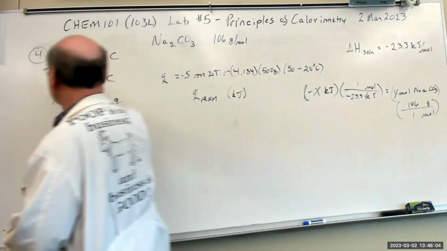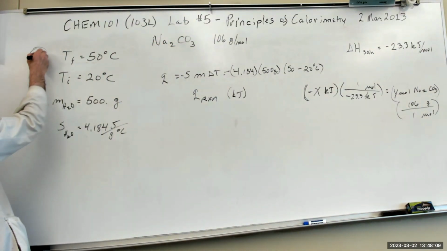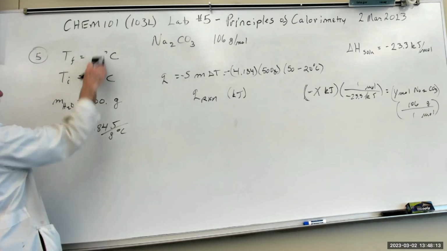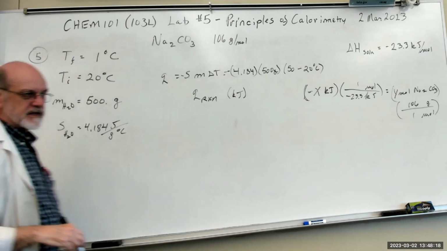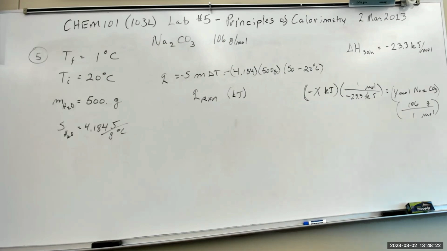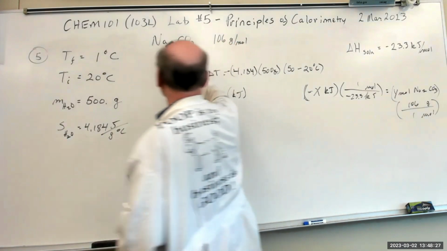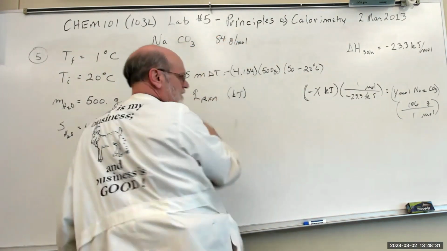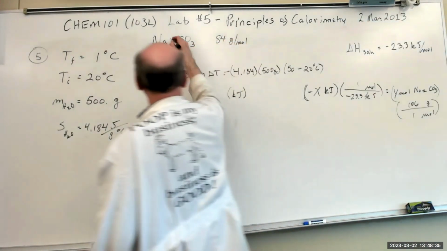So for 5, we're going from 20 initial down to 1. Same amount of water? I think so. Yeah, 500 mils. There's going to be a different compound here with a different value. What was it? 84, I think. Yeah, 84. So that's that one.